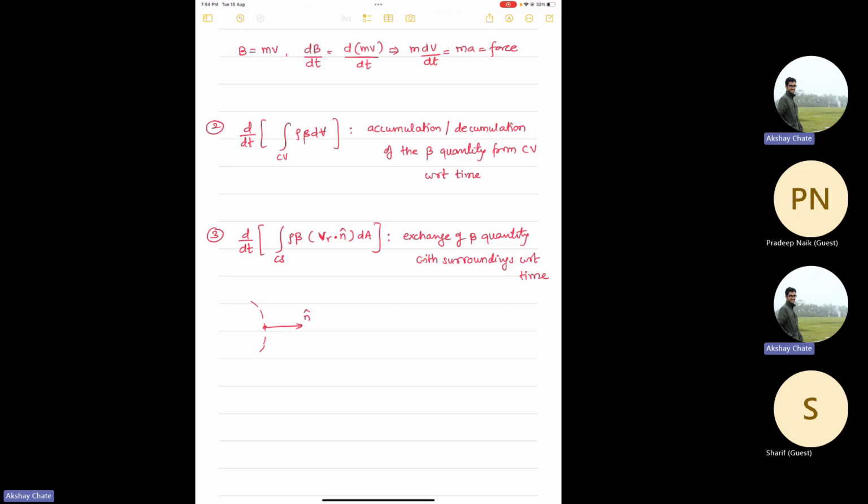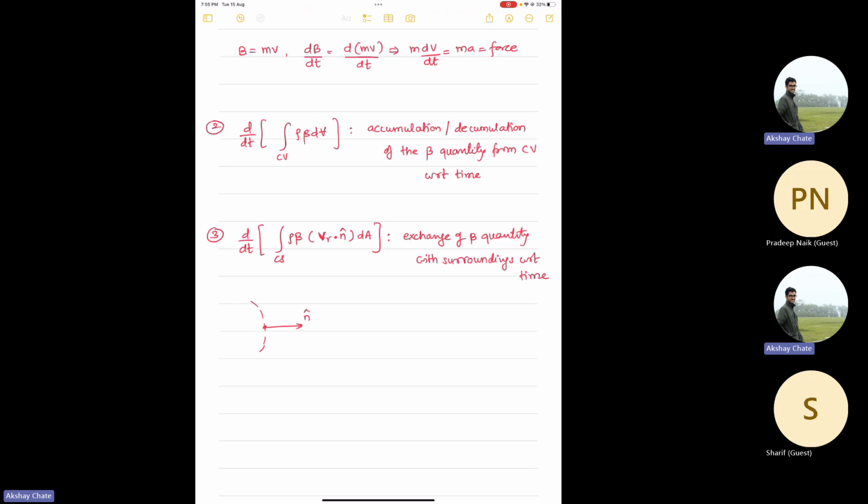So basically, if your control volume does not have any inlet or outlet, this third term will go to 0, and your control system and control volume equations will both give the same answer. But in fluid systems which we typically study, such as a heat exchanger or pipe flow or flat plate flow, you have some inlet, some outlet, right? So this is why this term is important.